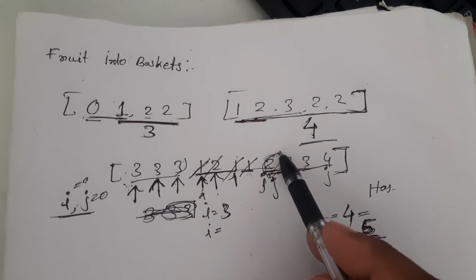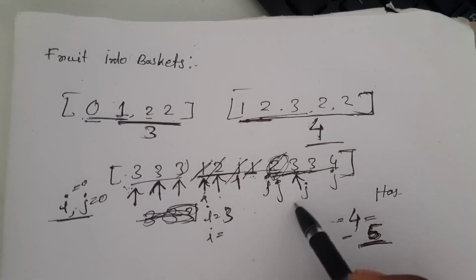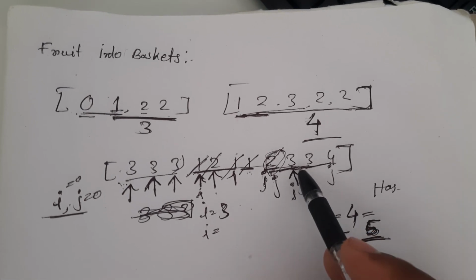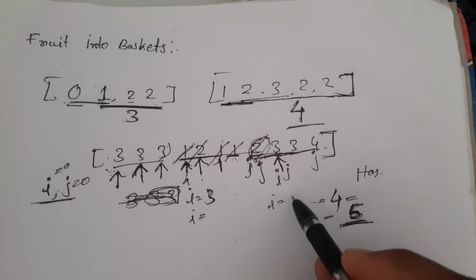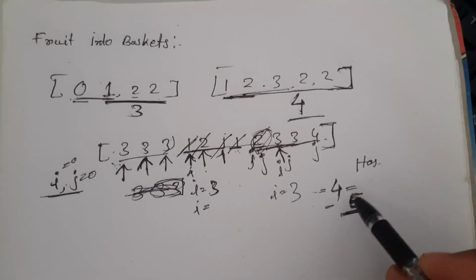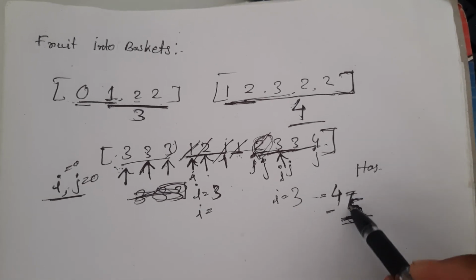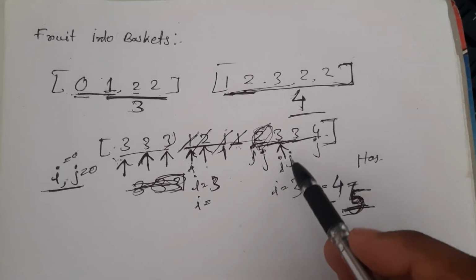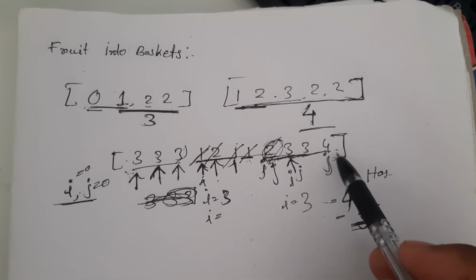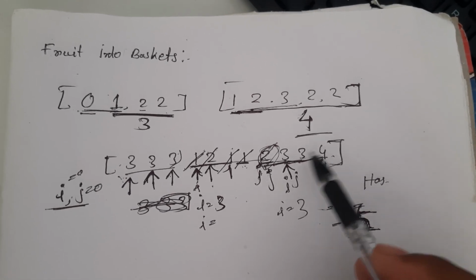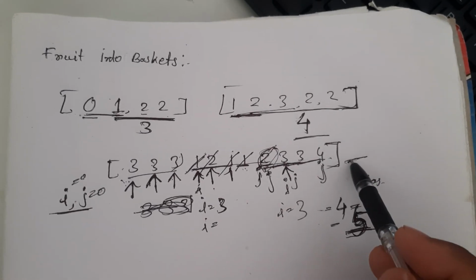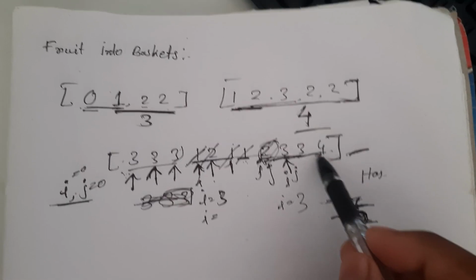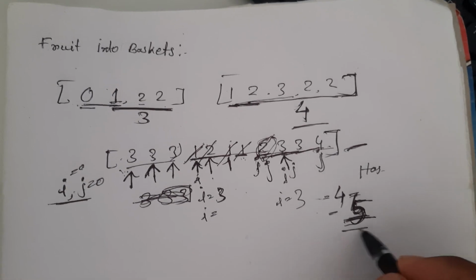If we remove the 2, we get 2 distinct elements, 3 and 4, but the length is as of now 3, and the maximum length is still 5. Then when j reaches the end, we end the for loop and return the maximum we have found.